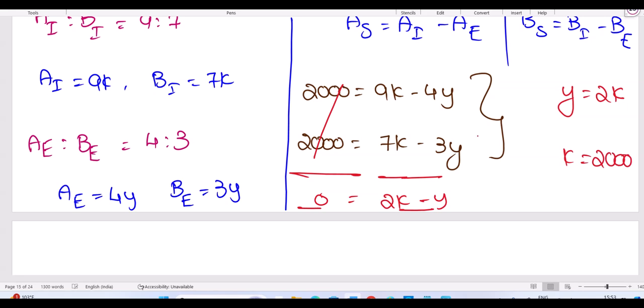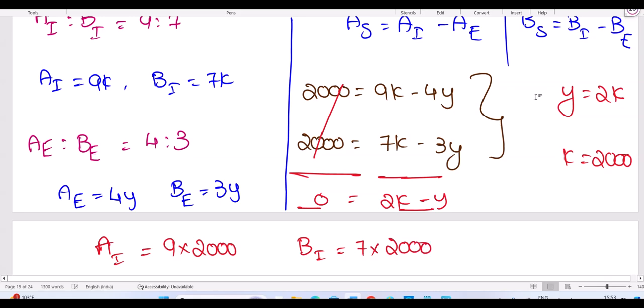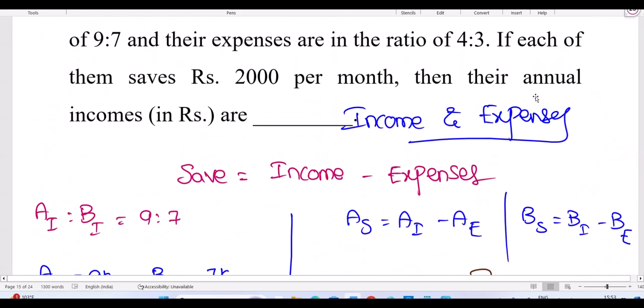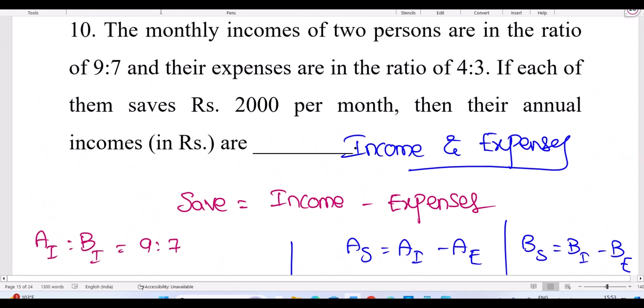Now, what is your answer? A income, B income. Is your answer correct? Into 12. Excellent. See, that's what added the twist. Some people will think there is a mistake in the question.